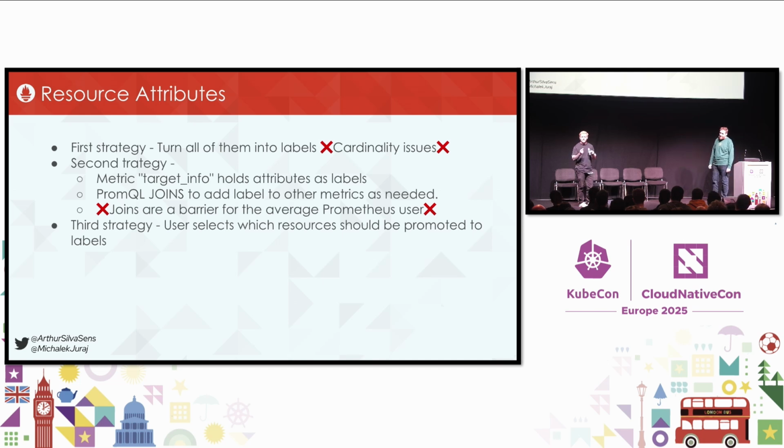When you change a label, you create a new time series. And Prometheus, to be like a real-time monitoring system, we keep the most recent metrics in memory. So when you switch the resource attributes, you have a set of metrics in memory, and then all the labels change. So you still have the old metrics in memory, you have new metrics in memory, so you double the amount of memory for a while, and usually that breaks your installation.